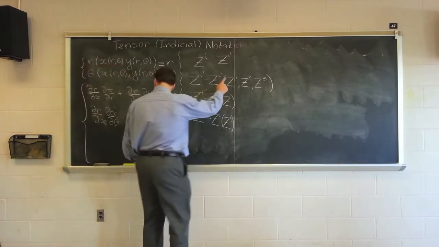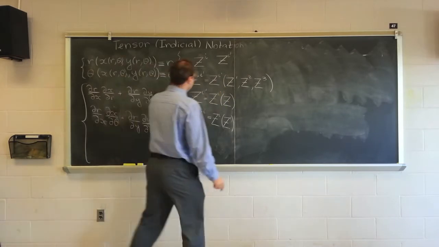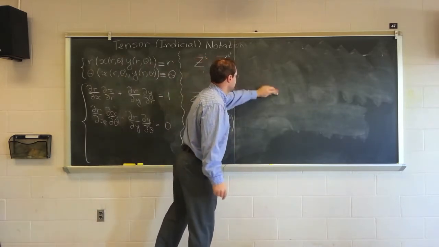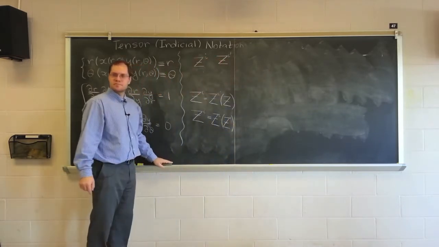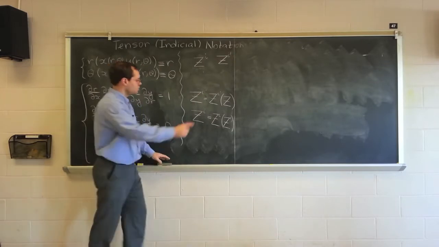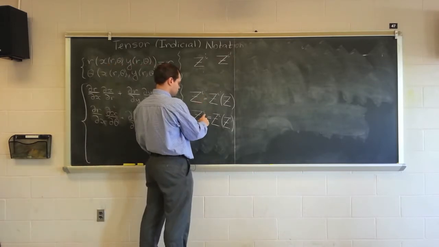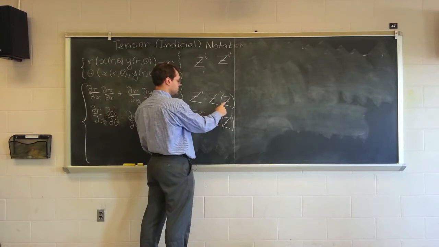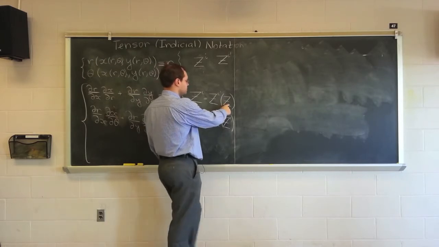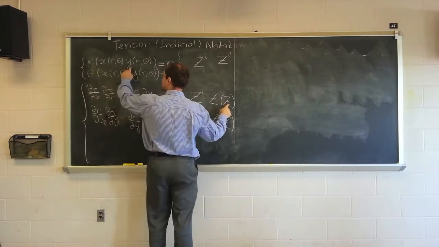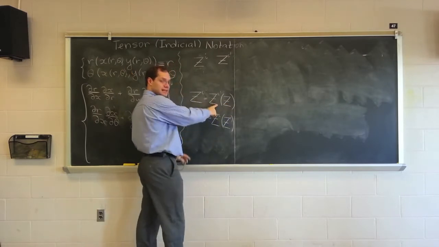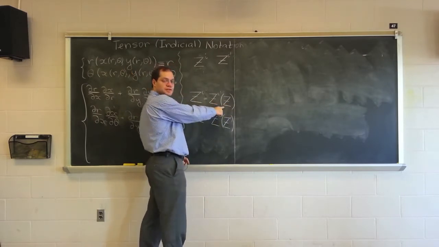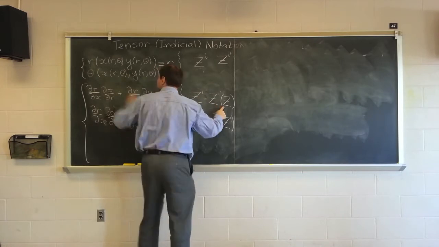I will erase this one because we need the space. Isn't each one of those variables z1, z2, z3 a function of the prime variables? I'm sorry? Tell me where to point. Here? Yeah, that one. Isn't that also a function of the prime variables? We're about to do this. So what this is saying right now is r equals square root of x squared plus y squared, which is what this is kind of saying.